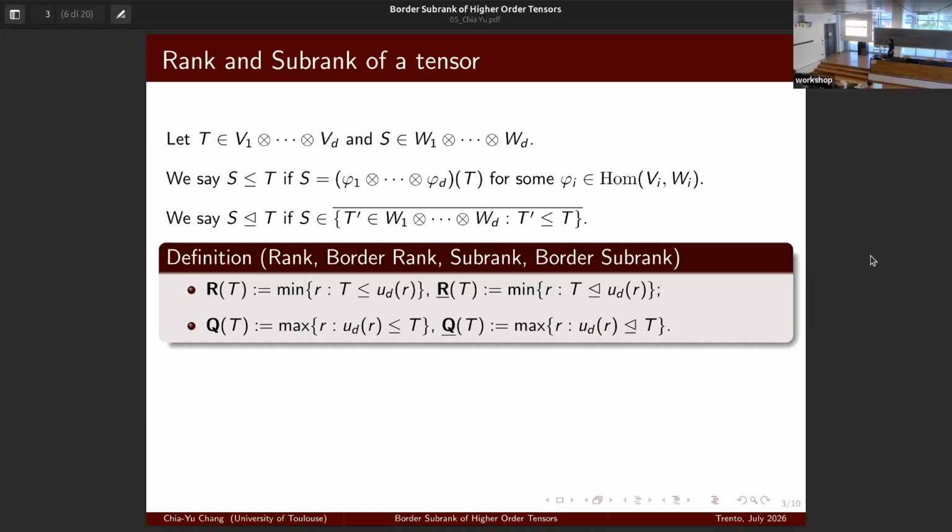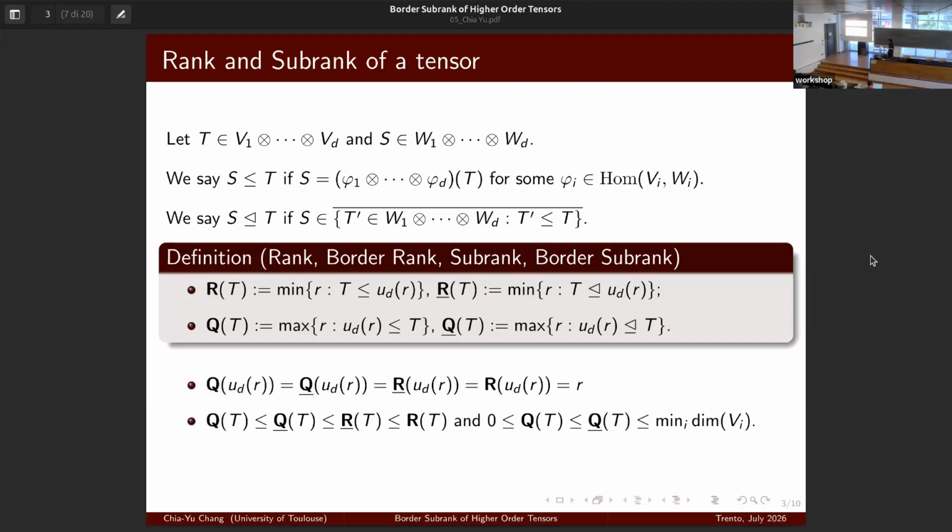So the subrank is the maximal integer r such that the size r unit tensor is a restriction of T. That means r is the maximal size of the diagonal tensor that we can obtain by applying linear transformations on T. And similarly, we can use degeneration to define border subrank.